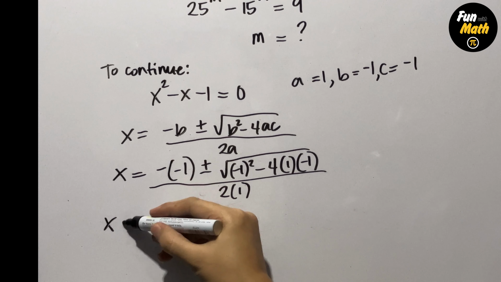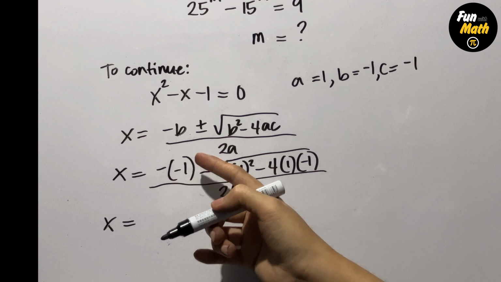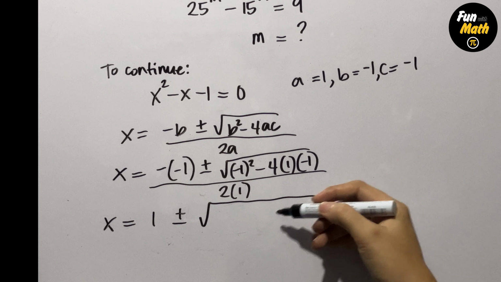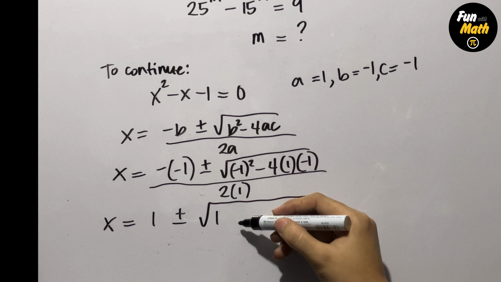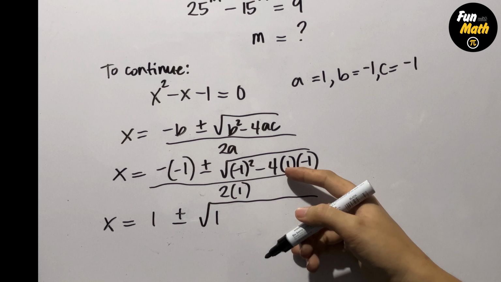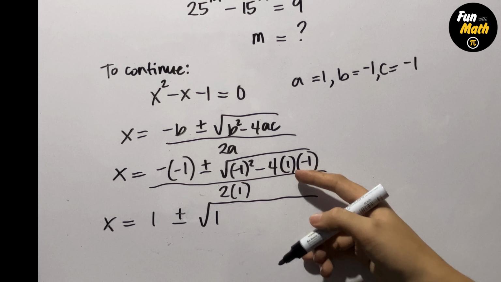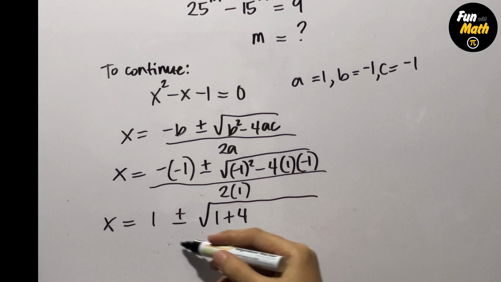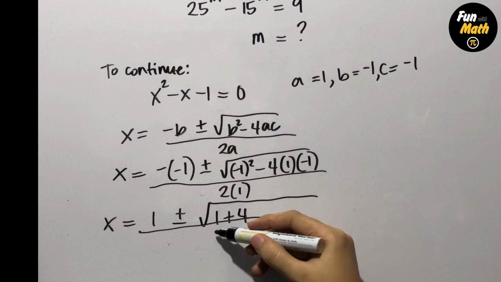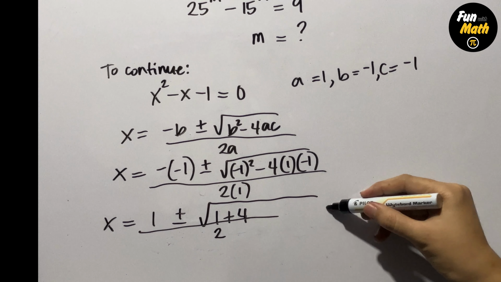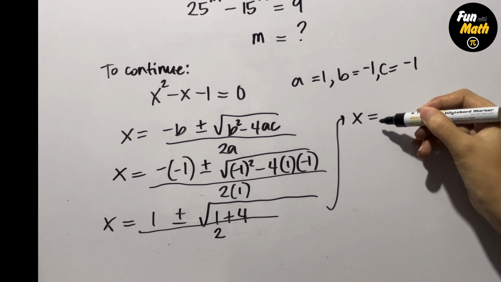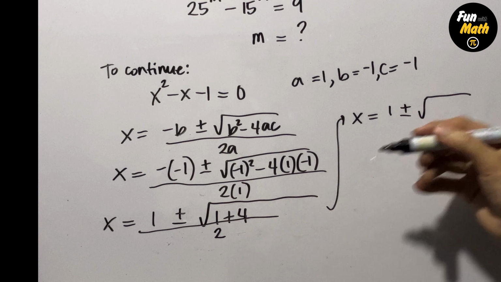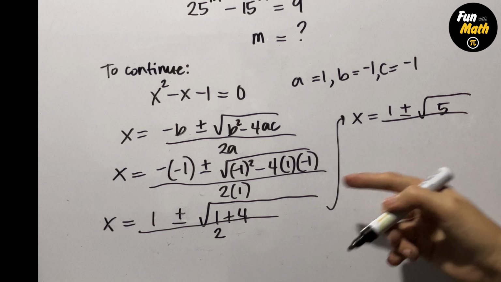Now this is x is equal to negative times -1, that is 1, positive negative square root of -1 squared is 1. Next, -4 times 1 is -4, -4 times -1 is +4. So this is plus 4, over 2 times 1 is 2. Now this is x is equal to 1 positive negative square root of 1 plus 4 is 5, all over 2.